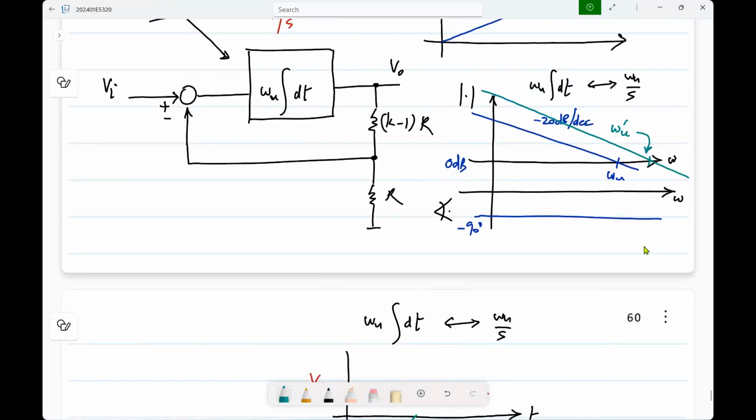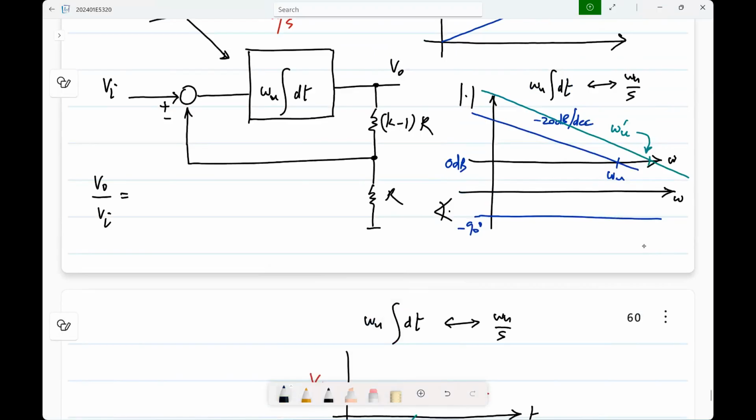Now, what is the closed loop transfer function of this, V naught by Vi? Please calculate. What is the closed loop transfer function of that negative feedback system? Please calculate, or probably remember the result.